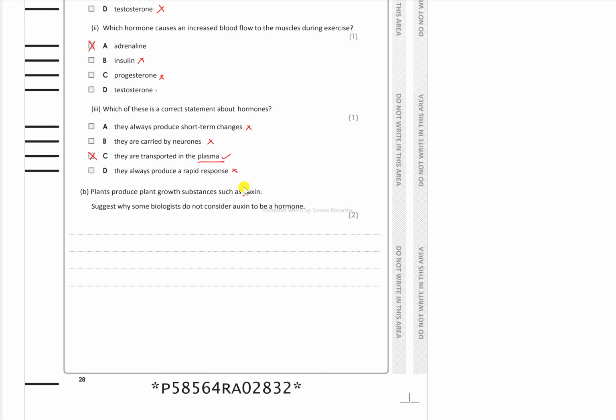Right. Plants produce auxins. Some biologists do not consider an auxin to be a hormone. Right, auxins are not produced by endocrine glands and do not travel in the blood.